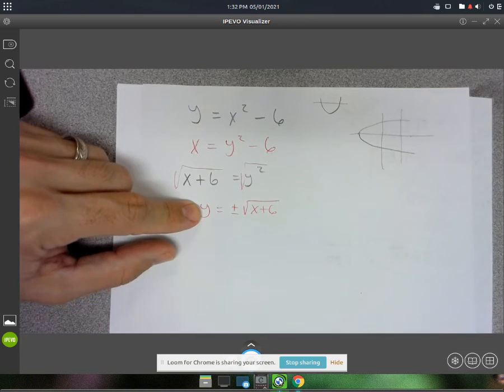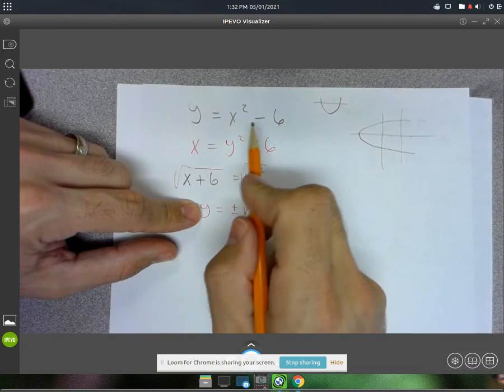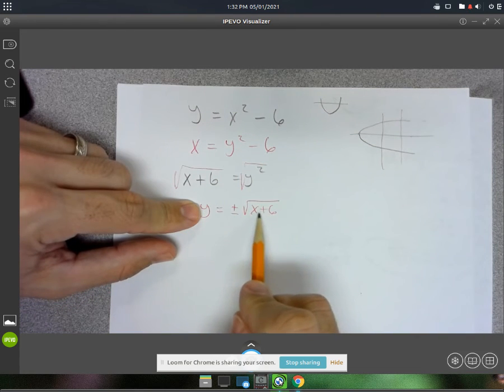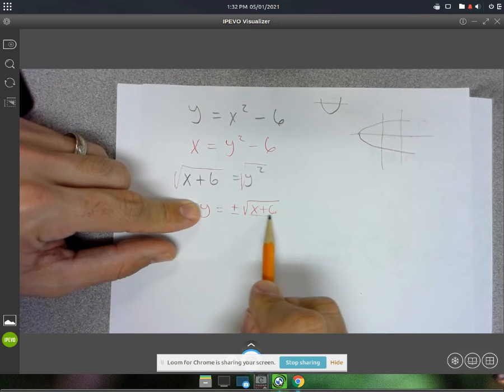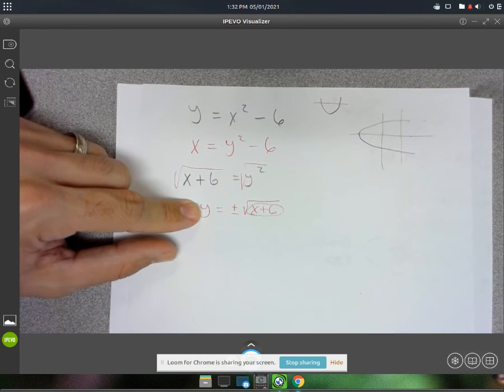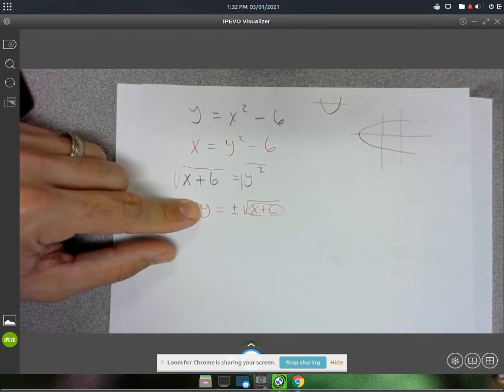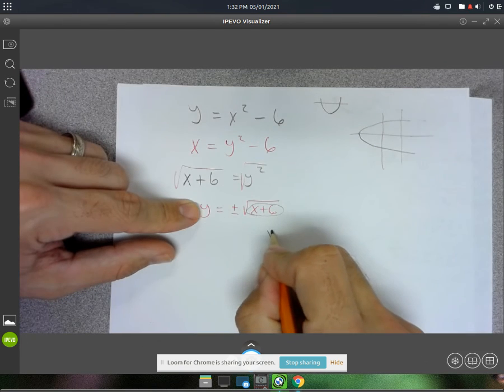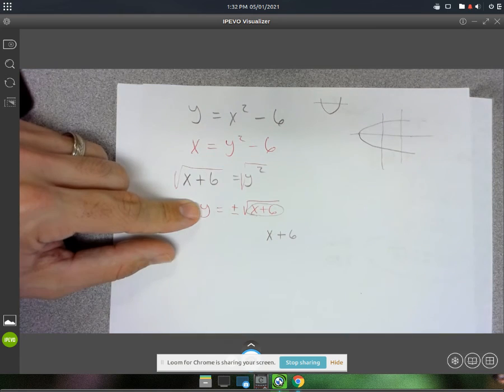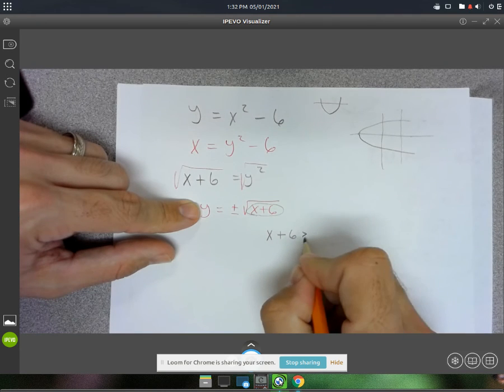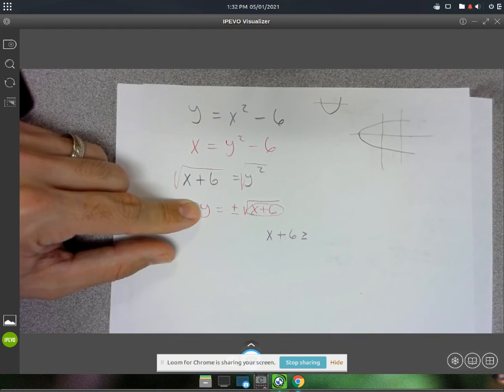What do I want to do here? I want to find the domain. Last bit, sorry. So the way you find the domain is you think about the values of x that you're able to plug in. Since you want the stuff under the square root to be non-negative, you're going to take that x plus 6 and say this stuff has to be greater than or equal to 0.